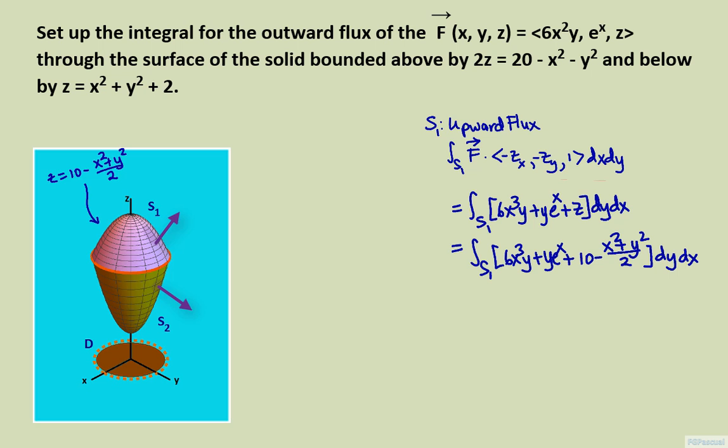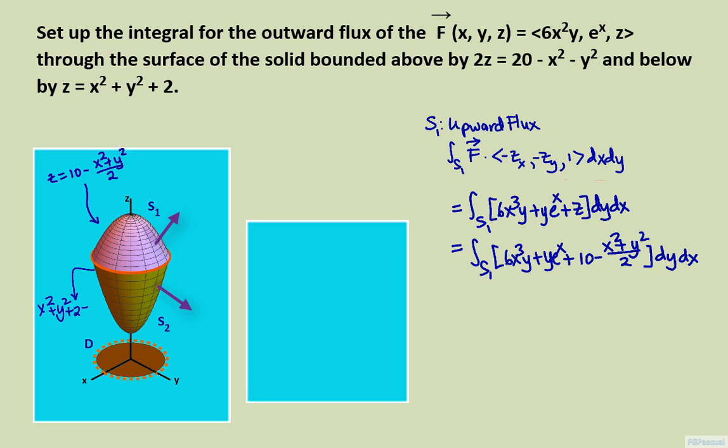The only thing that we need to do is to write down the limits of integration. For this, we determine the inequalities that define the region D on the xy plane. We turn to the curve of intersection between S1 and S2. With the equation of S2 being x squared plus y squared plus 2 equals z, equating the z values between the two surfaces, we have 10 minus the fraction x squared plus y squared all over 2 equals x squared plus y squared plus 2.